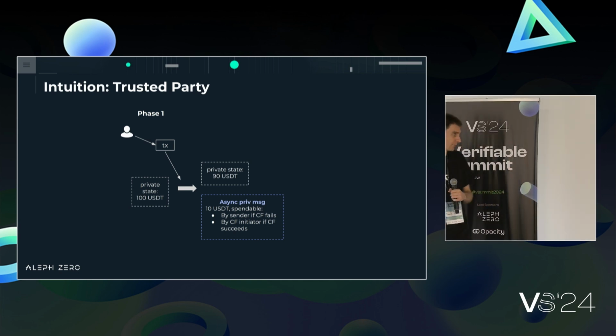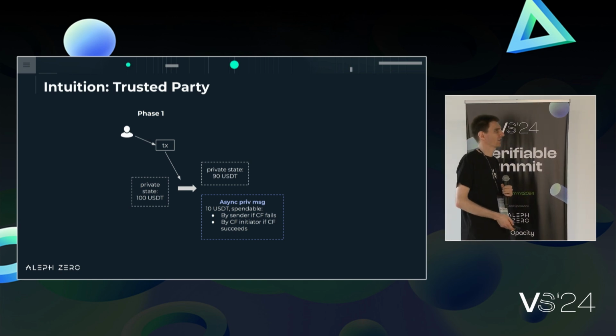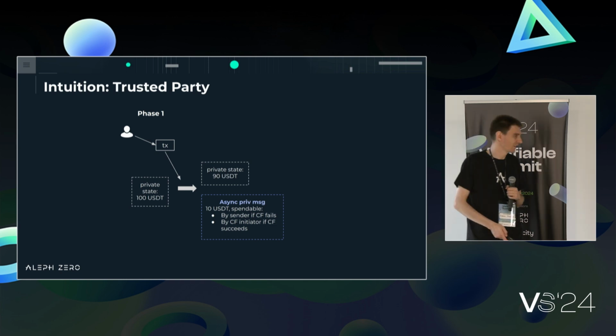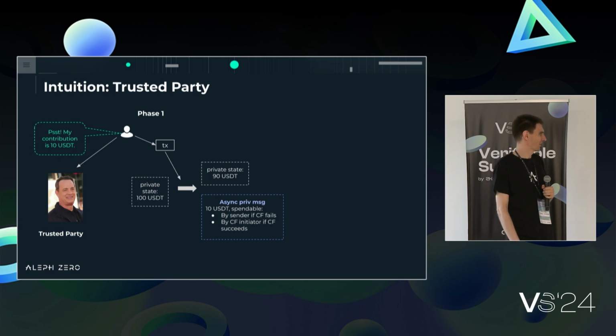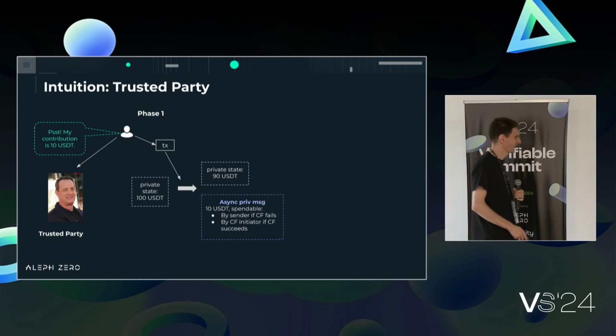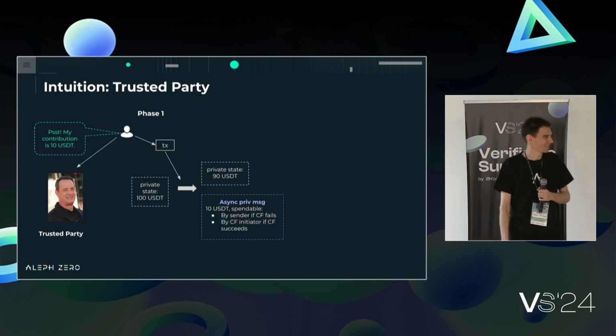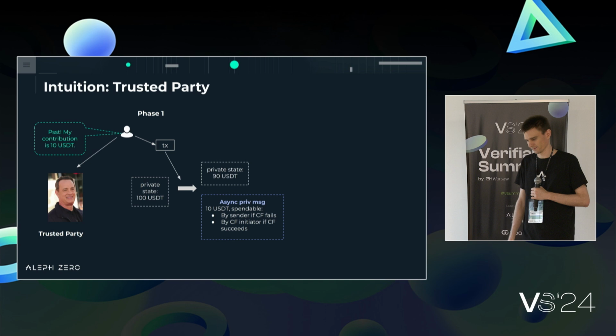It's a simple variant of what we talked about before, but now we will have one more piece in this whole system, which is a trusted party. And for those who wonder why Tom Hanks just appeared here, Google the most trusted person in the world. You will see why. So apart from sending this transaction, the user now has the responsibility of informing the trusted party of what the contribution was.